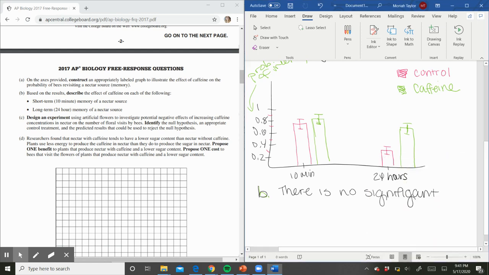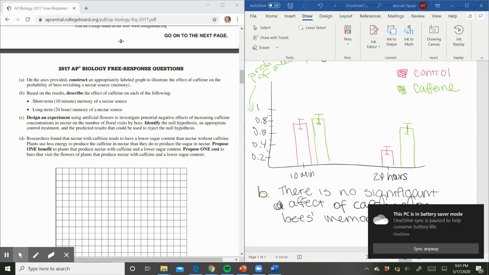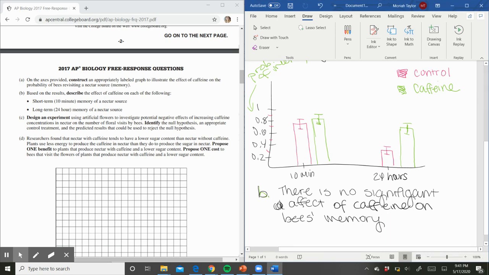But the whole point is there's no significant difference or effect. There's no effect of caffeine on bees' memory short term.